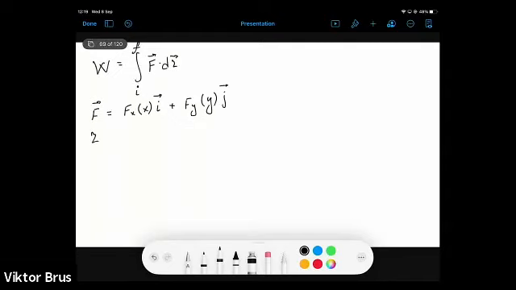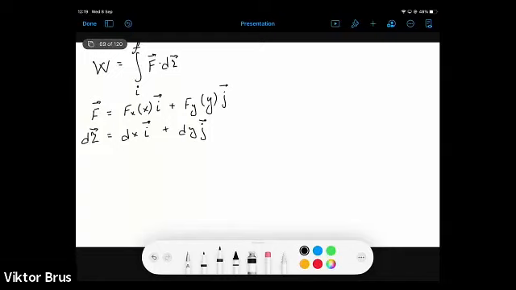The same we can write for this dr, for the change of displacement vector. dx times i unit vector plus dy times j unit vector.